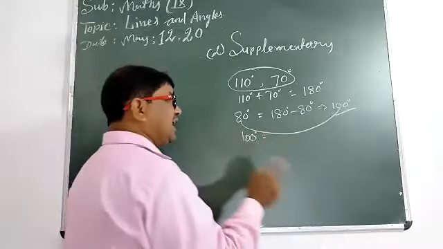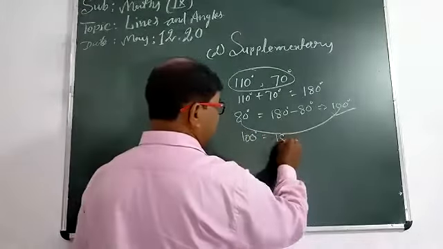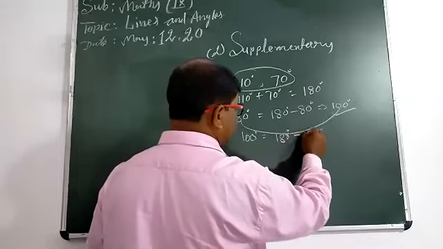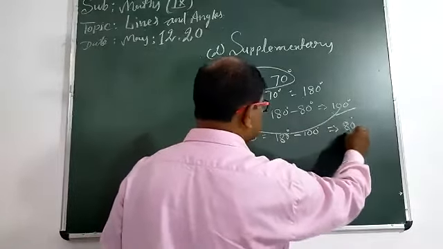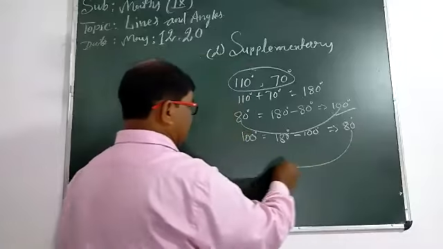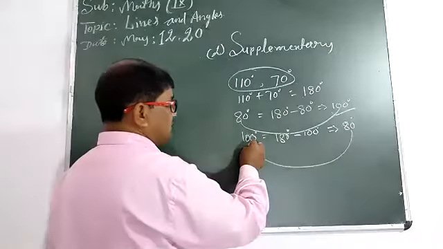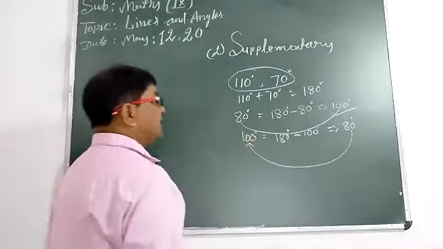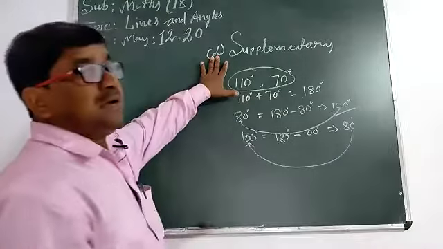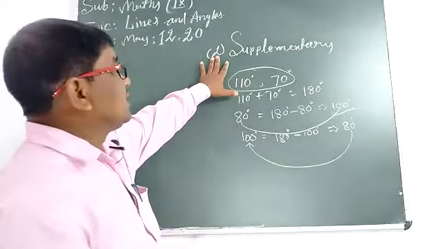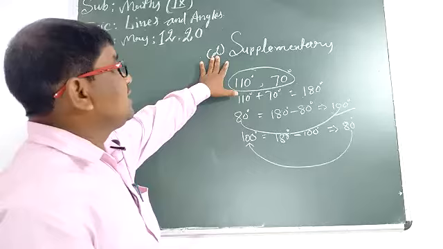We take help from the property: 180 degrees minus 100 degrees equals 80 degrees. It means 80 degrees is called the supplementary of 100 degrees. So these are the two pairs of angles, supplementary and complementary.